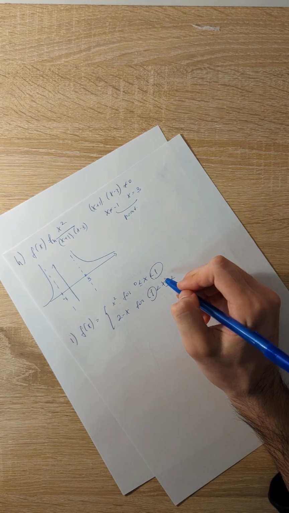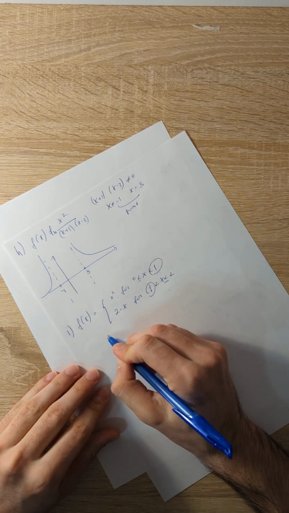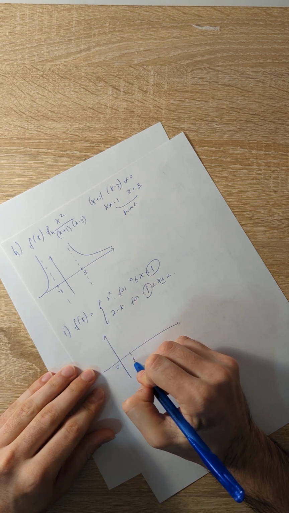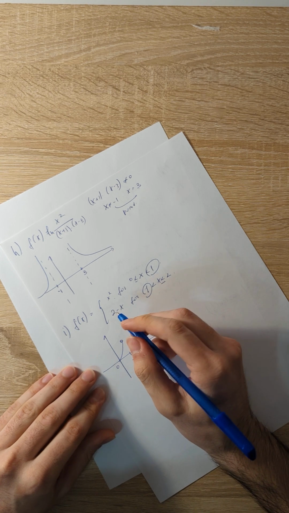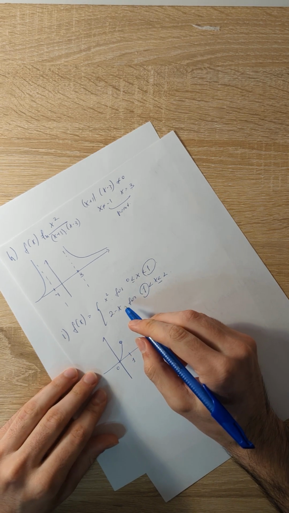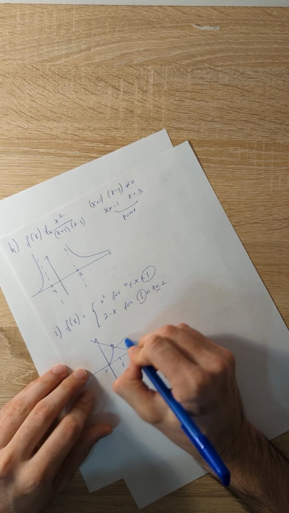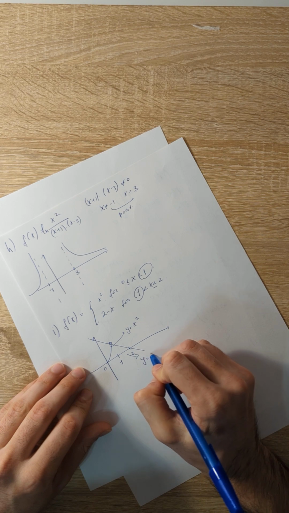Therefore, the point of our discontinuity will be at x equals 1. So if we graph, it's our parabola, and it goes in the interval. And then it's our second function, 2 minus x.